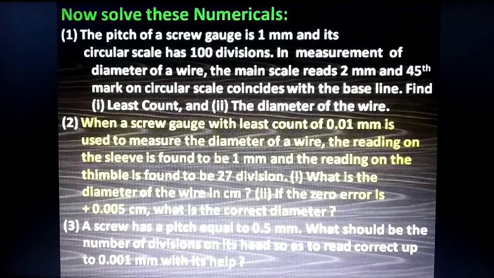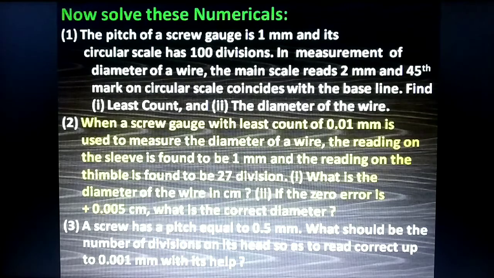Now solve these numericals. One: the pitch of a screw gauge is 1 millimeter and its circular scale has 100 divisions. In measurement of the diameter of a wire, the main scale reads 2 millimeter and the 45th mark of the circular scale coincides with the baseline. Find the least count and the diameter of the wire.